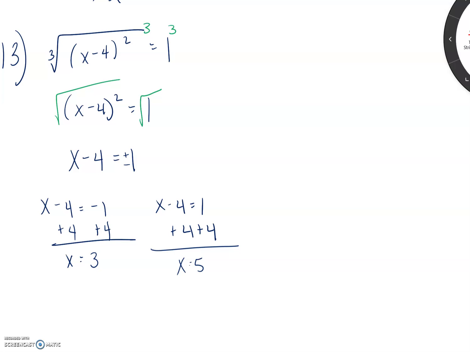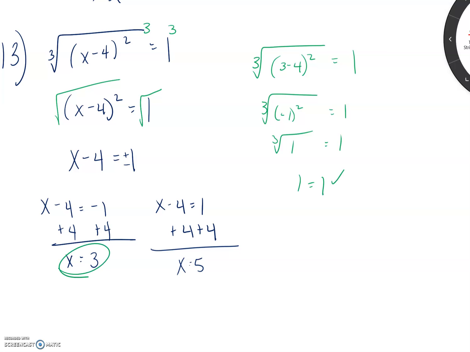Let's see. The cubed root of 3 minus 4 squared equals 1. 3 minus 4 is -1. -1 squared is 1, and the cubed root of 1 is 1. So 3 works.